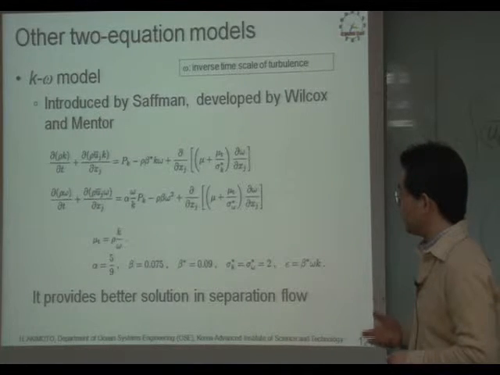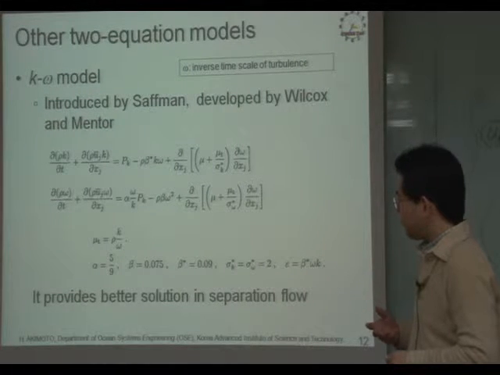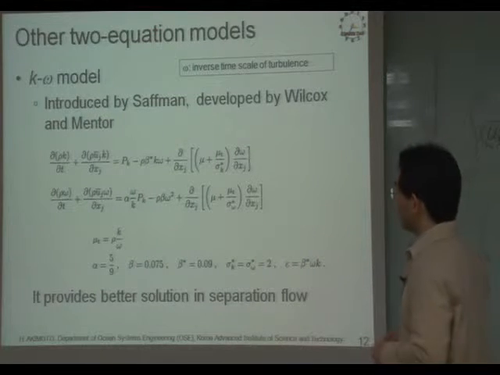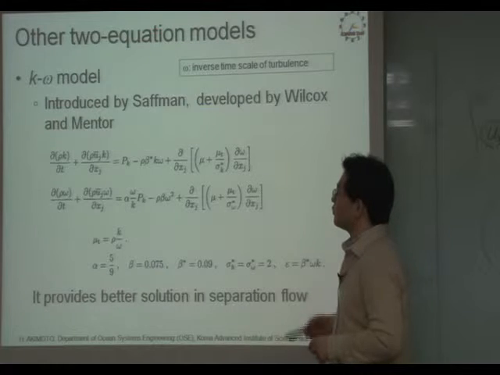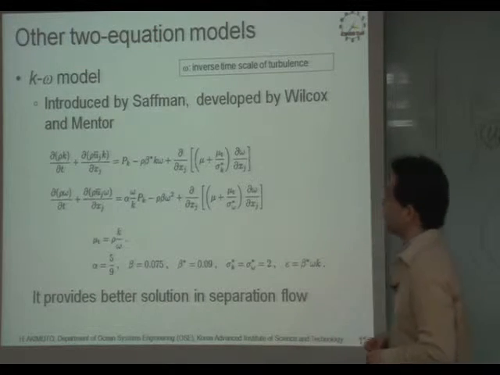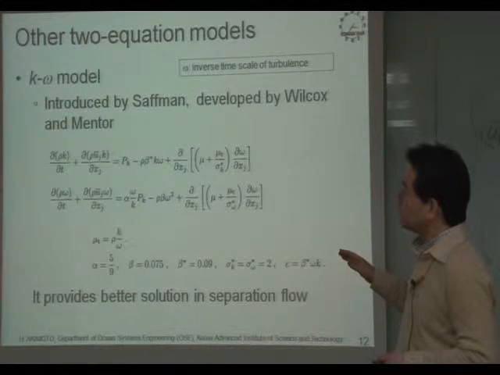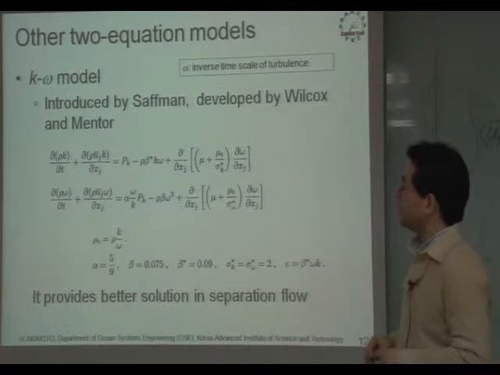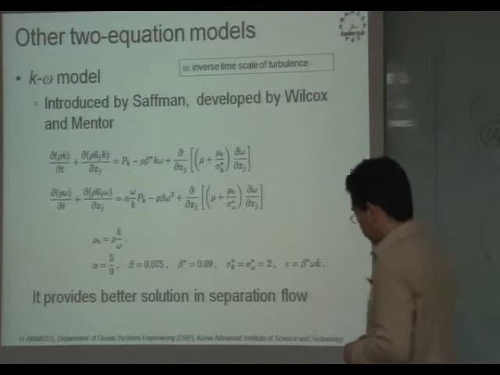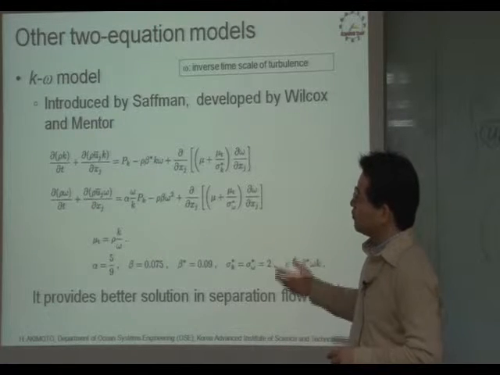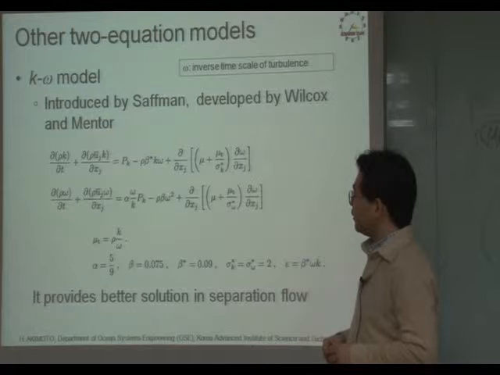If we have to evaluate the separation properly, k omega model is a good choice. It happens when we consider the high angle of attack of a wing or transition from laminar flow to turbulence.